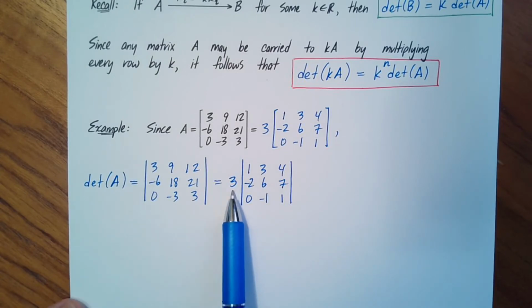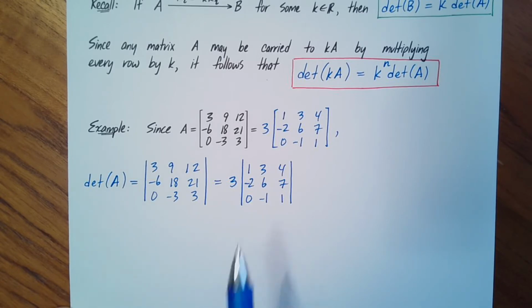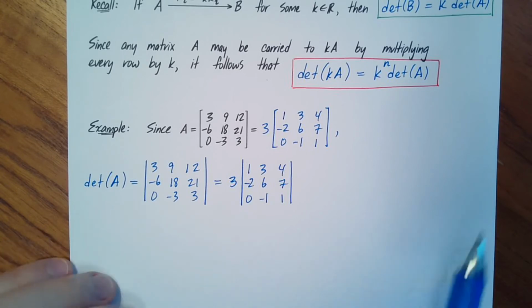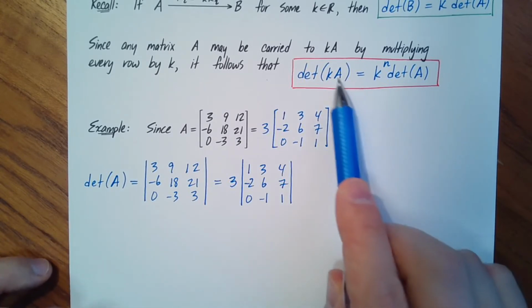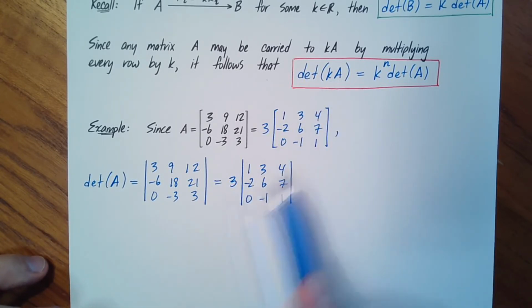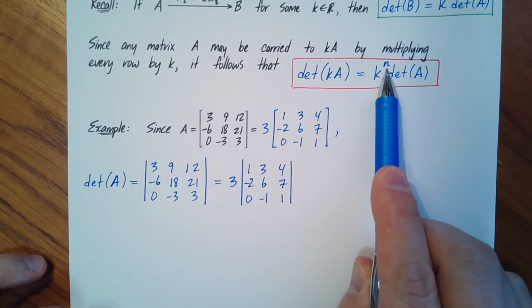Because what I've done is I've made the mistake of forgetting to take into account that I didn't just pull a 3 out of a single row, I pulled it out of all 3 rows, essentially, if I factor it out of the entire matrix. So based on this rule, with k equal to 3, and what's n? Well, n is the number of rows and columns of the matrix A in this formula.